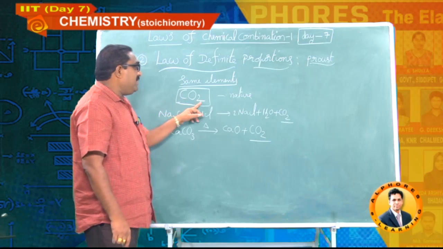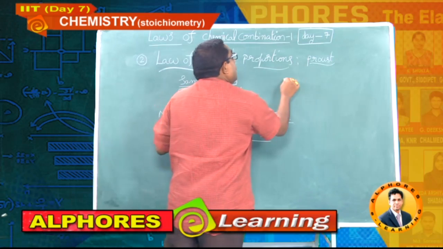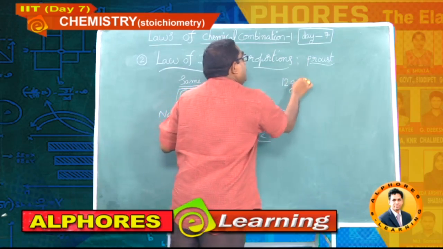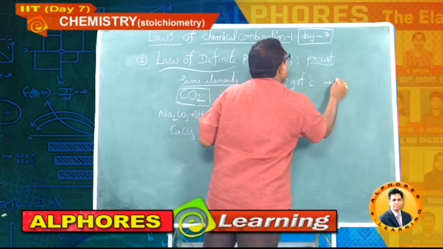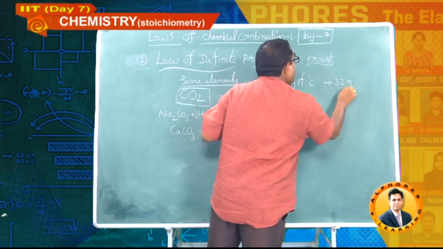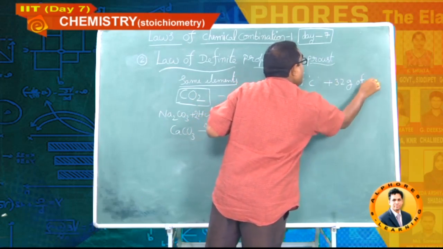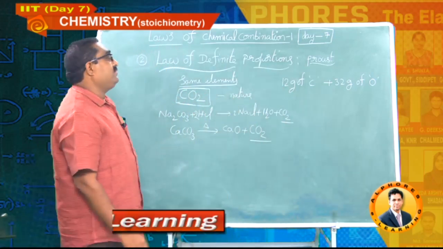grams always combine with 2 into 16, 32 grams. Here I am writing 12 grams of carbon always combines with 2 into 16, 32 grams of oxygen in carbon dioxide.